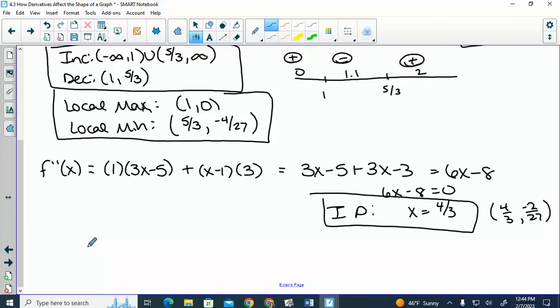Because the other denominator was 27. They were the same denominators in both of the things. And 4 is smaller than 5, and 2 is bigger than 4. Negatives.